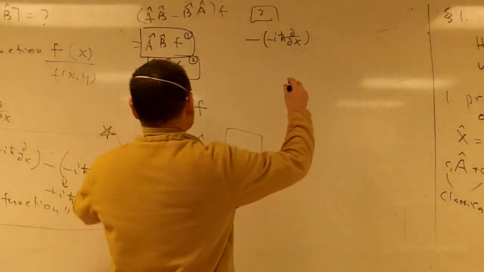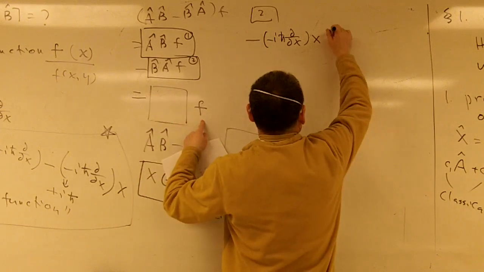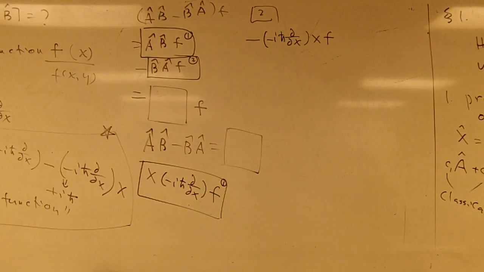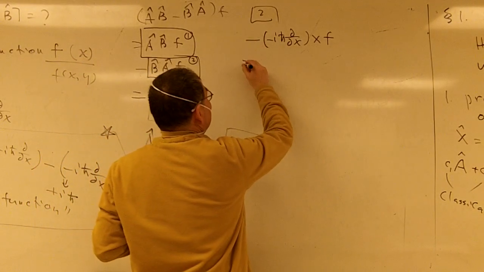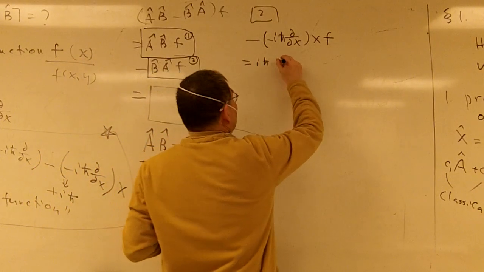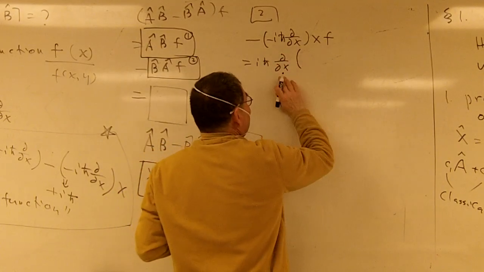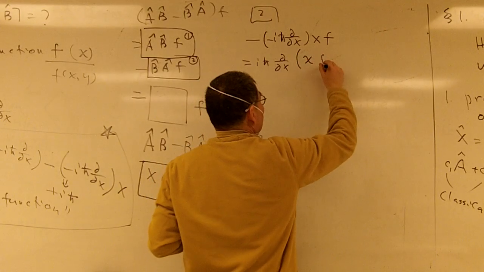And now x follows, and then we have f over here. So this is our box number 2. Are we good so far? Now box number 2 is where the key things are involved. Negative becomes positive, partial x. Now watch carefully. This is going to apply on two terms: one is x, one is f.